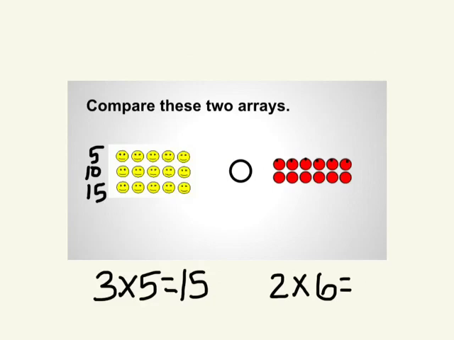Are you better at counting by 2s or 6s? Me too. 2s are much easier. So let's count by 2s. We'll count these two. So 2, 4, 6, 8, 10, 12. 2 rows of 6 equals 12.